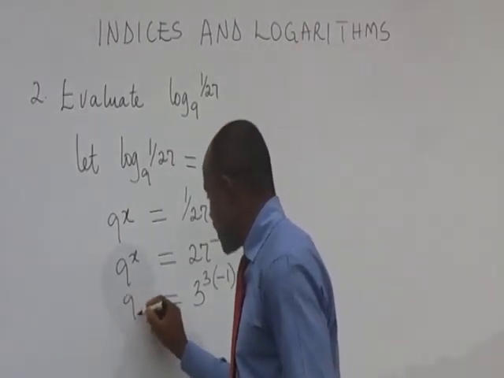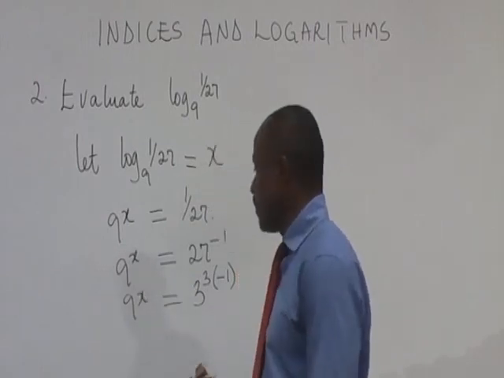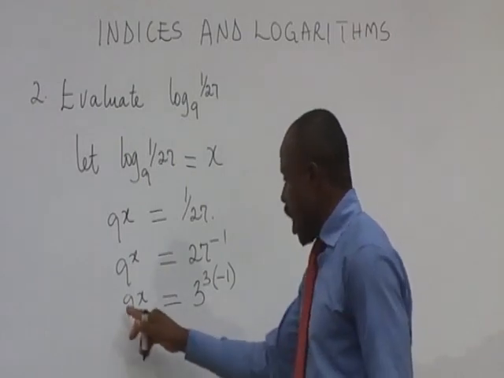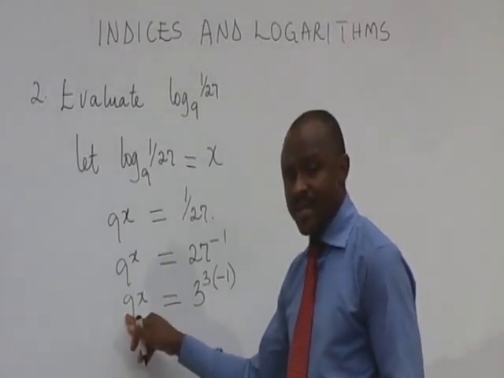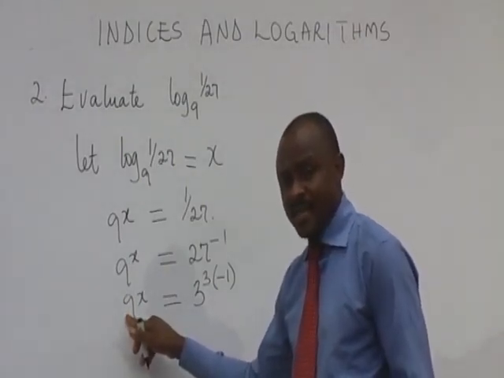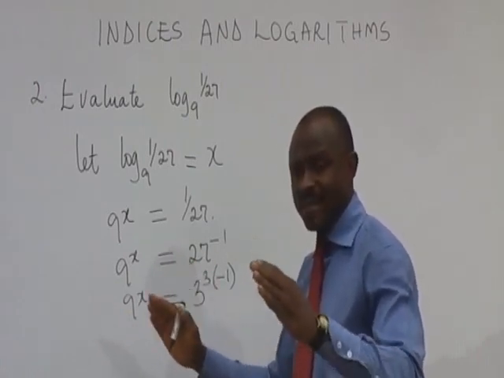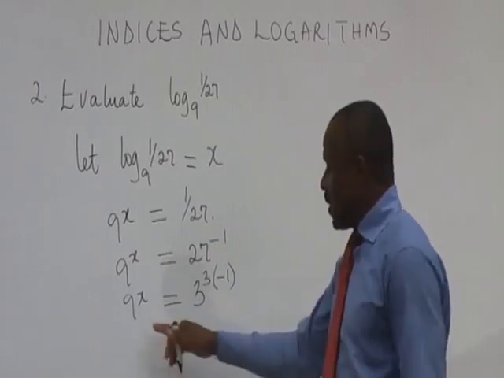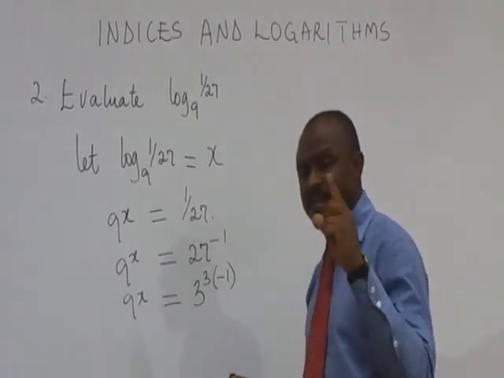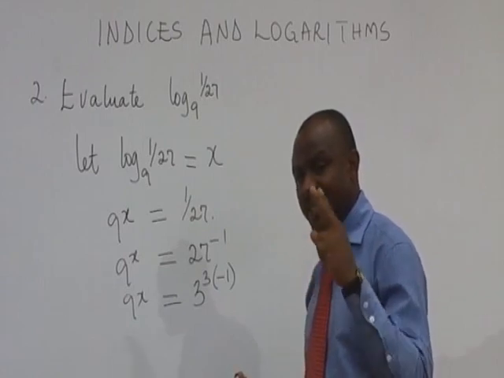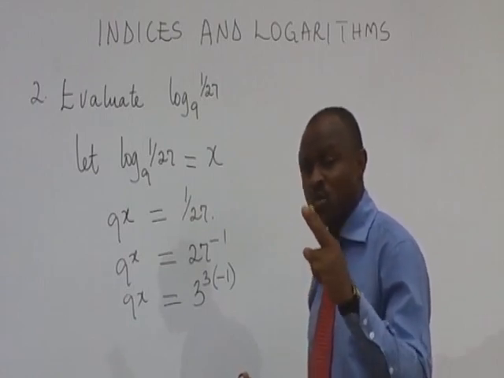Remember, on the left-hand side of the equation, we have 9 exponent x. You are going to change 9 exponent x also into an index of 3, so that you have both sides of the equation balanced. 9 means 3 times 3, the same thing as saying that 9 is 3 exponent 2.